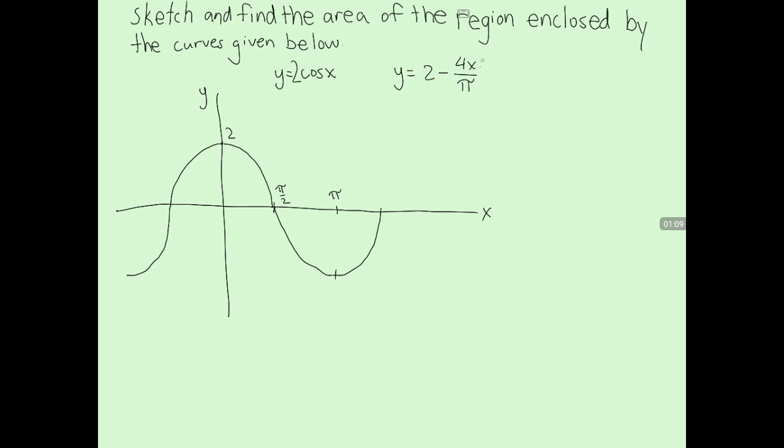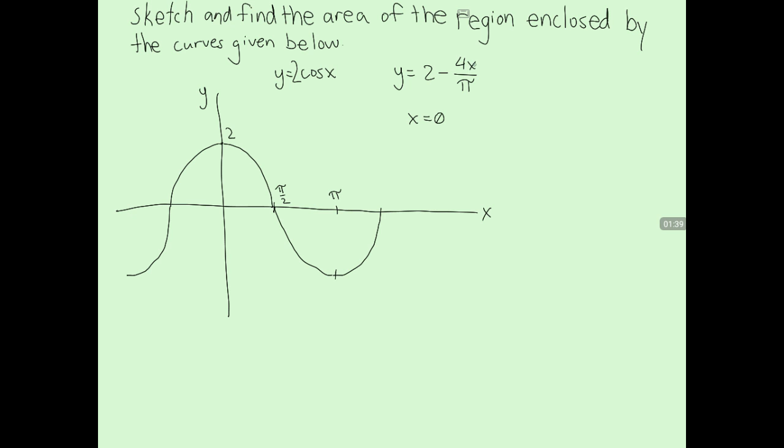Now let's sketch the curve of y equals 2 minus 4x over pi. So we know that this is a line because y is just a function of some constant times x plus another constant. So let's start by finding the x and y intercepts. So let's find the y-intercept. This is when x equals 0.